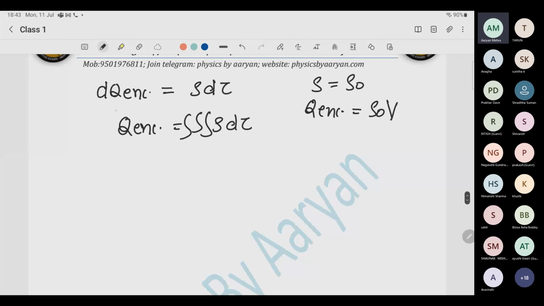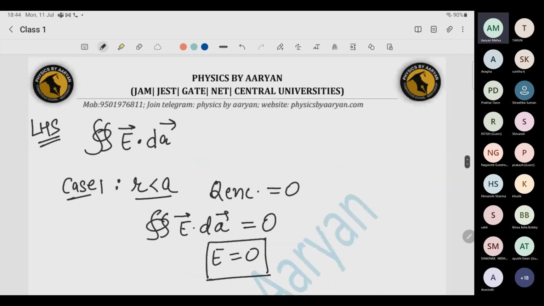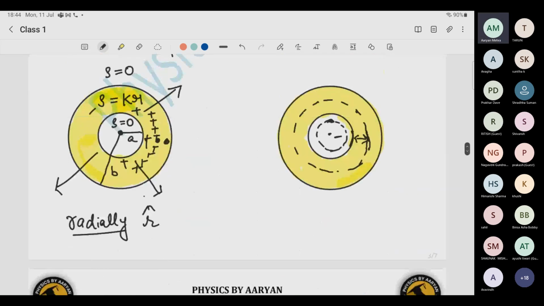That is why I am using this formula. If your charge density was constant, you would simply multiply the charge density with the volume. So let's do this one first, so that if any other question comes, you can also do that. So what is the volume of this sphere?